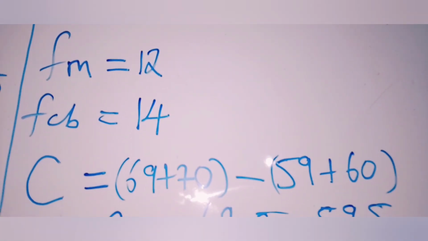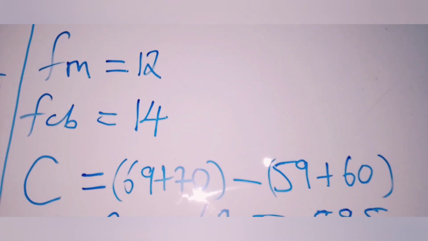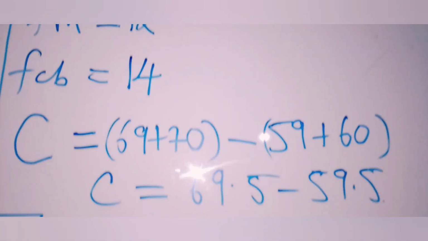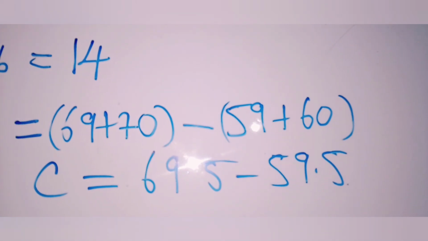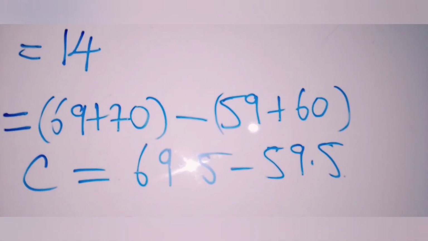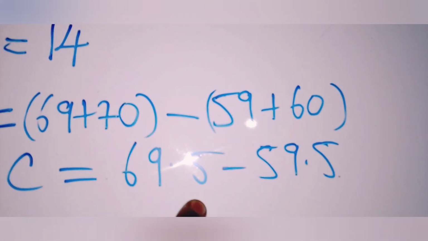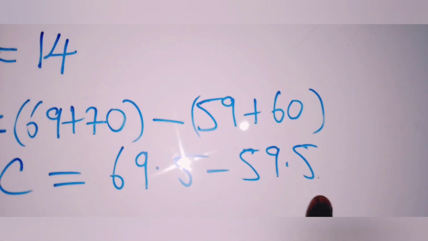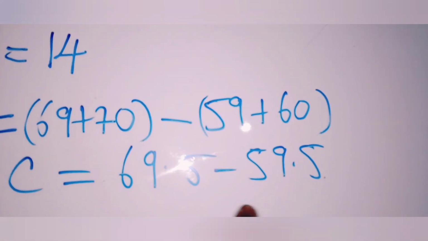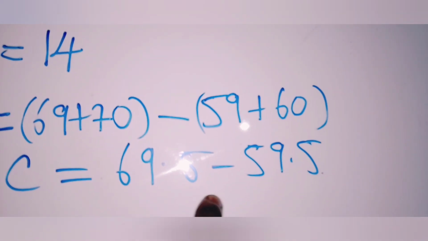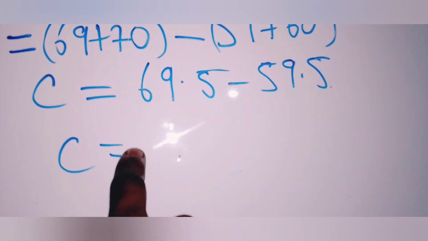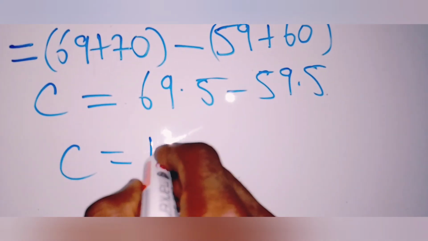So 69 plus 70 is going to give us 69.5, and then minus 59.5. So 69.5 minus 59.5 is going to give us what? 10.